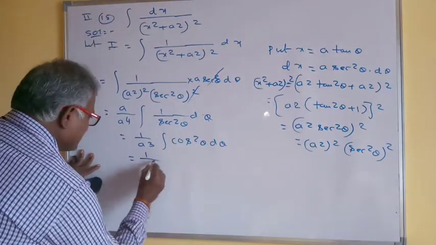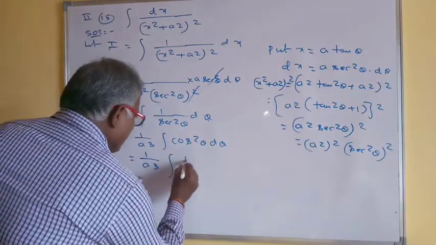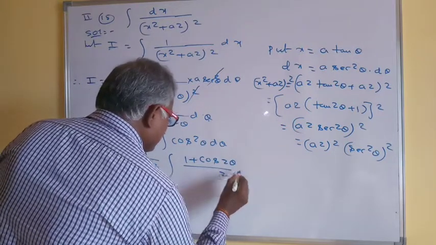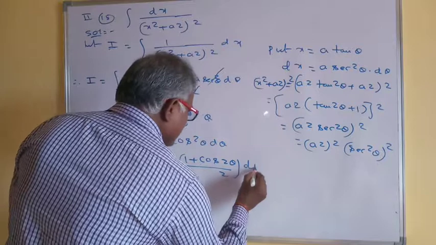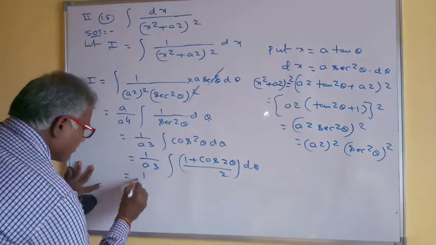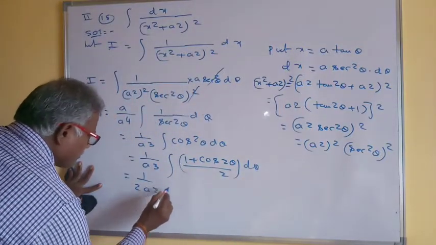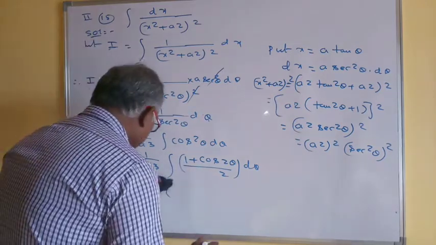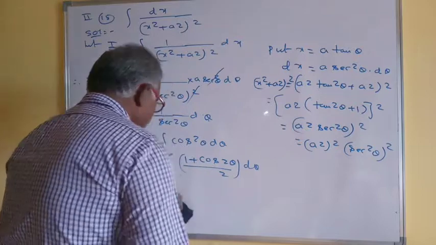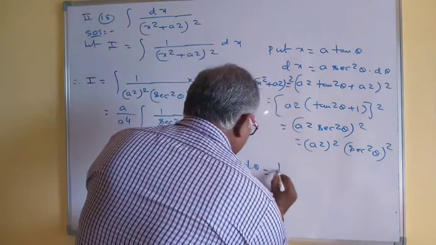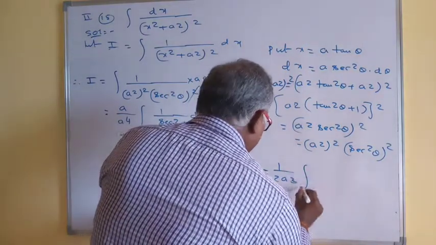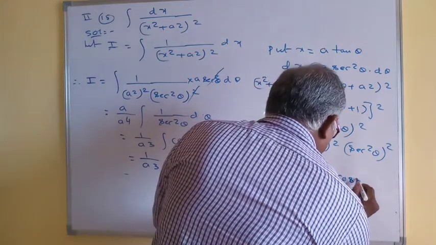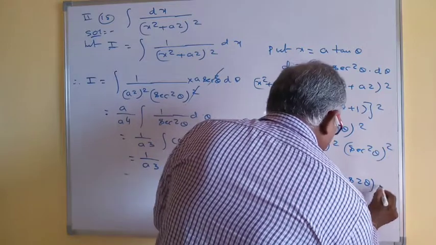Simply, we write the integral of (1 plus cos 2 theta) by 2. Now directly we get 1 by 2a cube, or you can write one more step: 1 by 2a cube into the integral of (1 plus cos 2 theta) d theta.